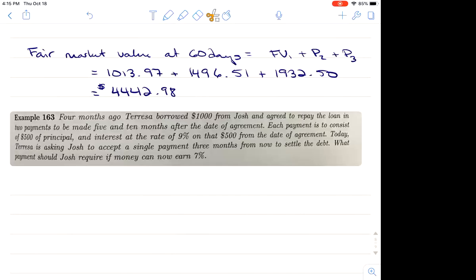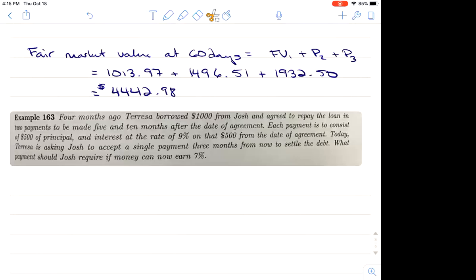Each payment is to consist of $500 of principal and interest at the rate of 9% on that 500 from the date of the agreement. All that's saying is I'm going to borrow $1,000 and I'm going to pay you back 500 in 5 months and 500 in 10 months. So that's all that's saying.